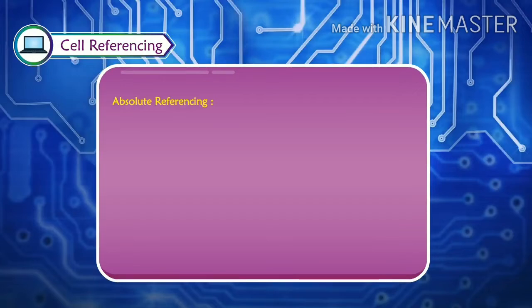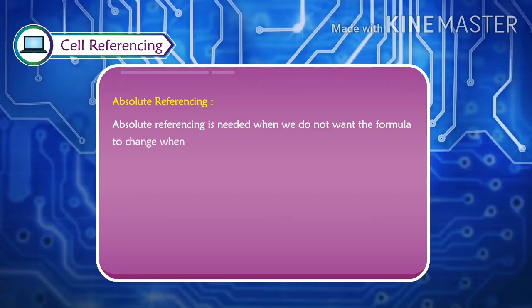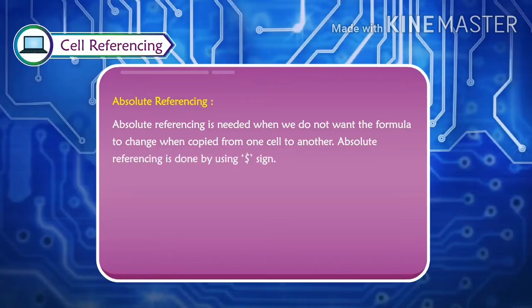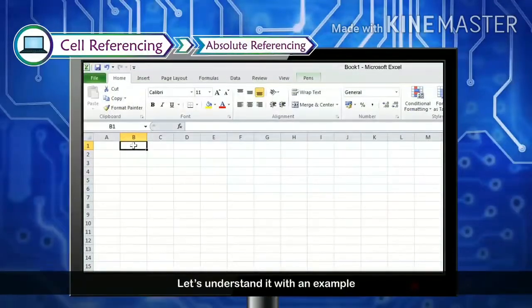Absolute referencing. Absolute referencing is needed when we do not want the formula to change when copied from one cell to another. Absolute referencing is done by using the $ sign. Let's understand it with an example.